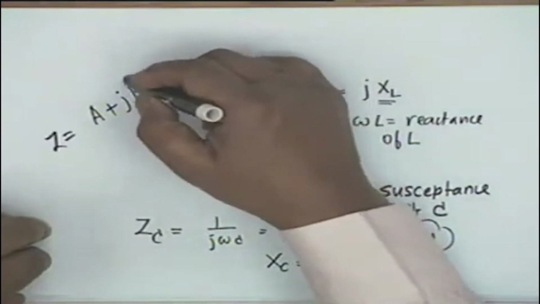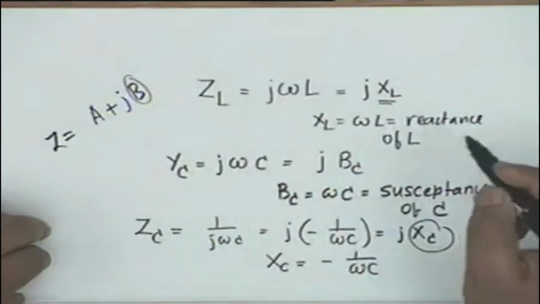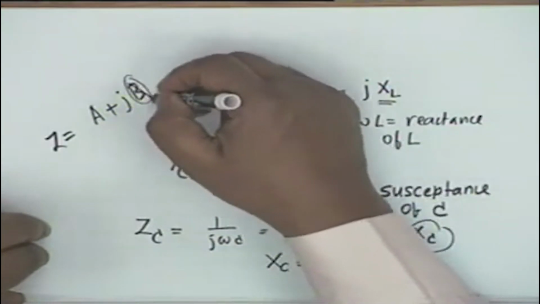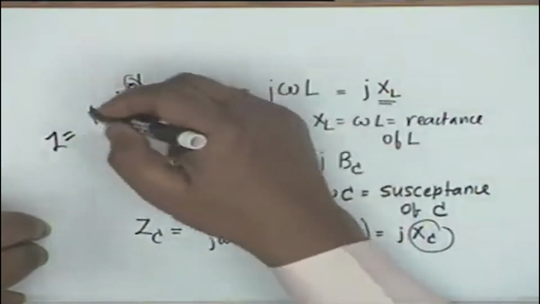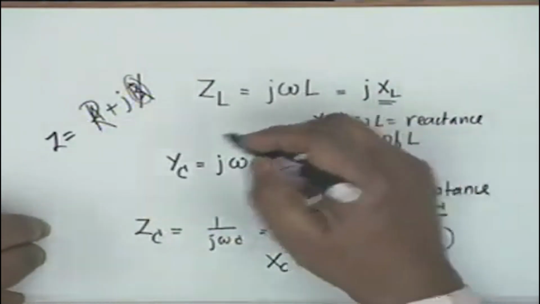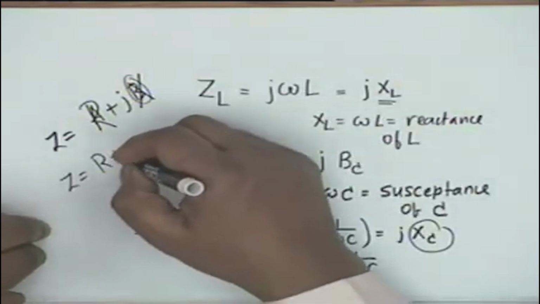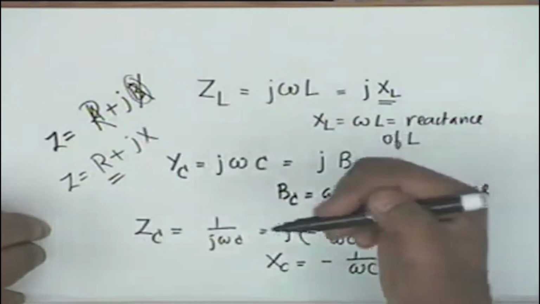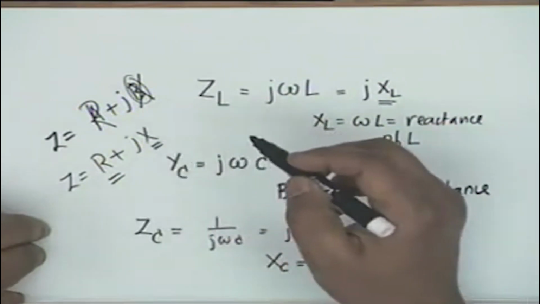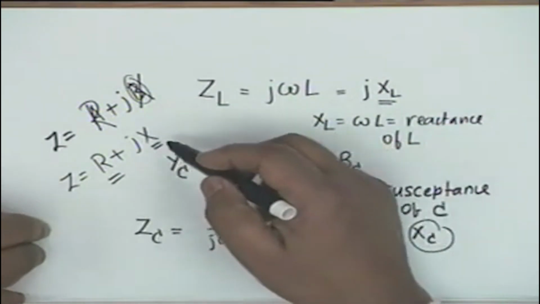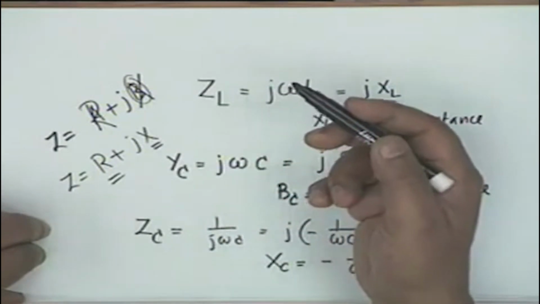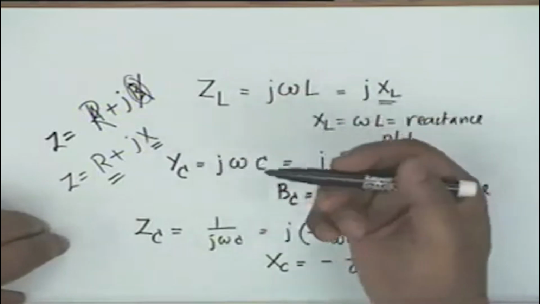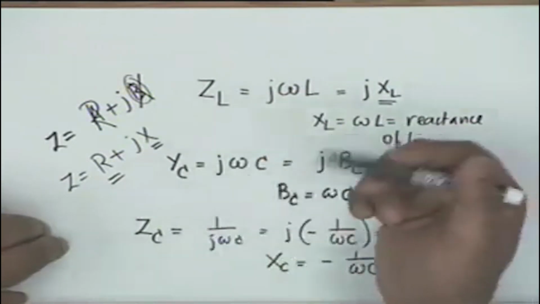We reserve the symbol B for susceptance. For impedance we will use the symbol capital X. The real part R corresponds to a resistance, capital X is a reactance, which corresponds to either an inductor or a capacitor or both, a combination of them, that could also form a reactance. We shall come across this in a minute.